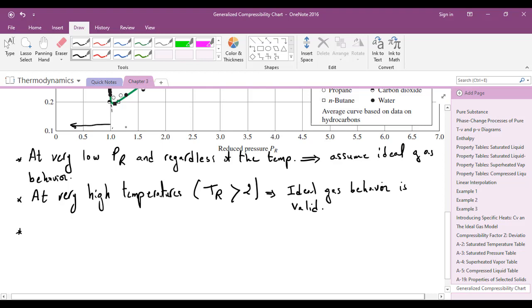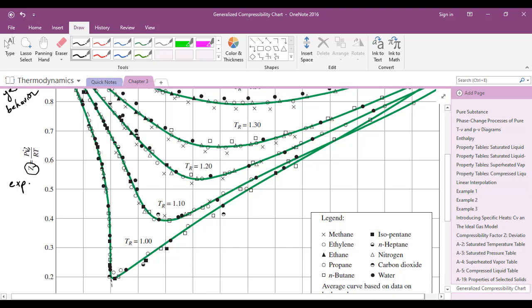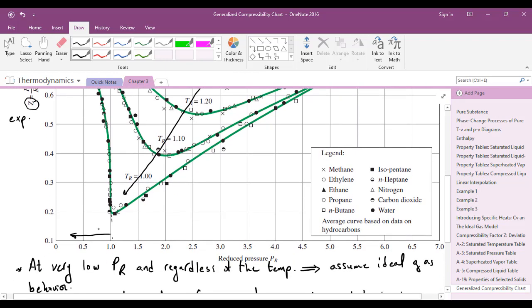So let's see where we have a great deviation from the ideal gas behavior. We have a great deviation as the curve approaches this point, where the reduced pressure is equal to 1 and the reduced temperature is also equal to 1.